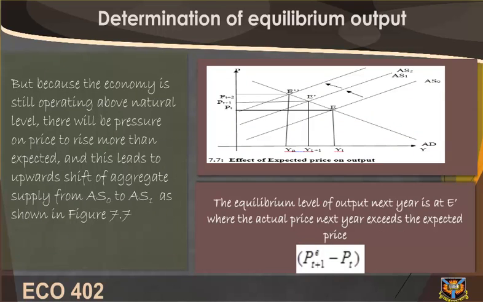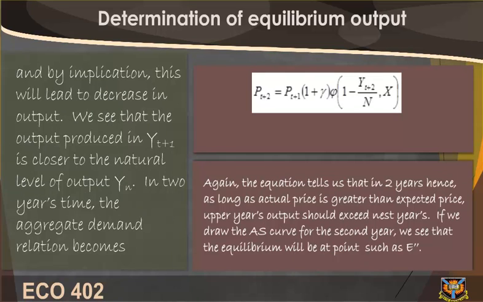But because the economy is still operating above natural level, there will be pressure on price to rise more than expected, and this leads to upward shift of aggregate supply from AS0 to AS1 as shown in figure 7.7. The equilibrium level of output next year is at E prime, where the actual price next year exceeds the expected price. And by implication, this will lead to decrease in output. We see that the output produced in YT plus 1 is closer to the natural level of output Yn.